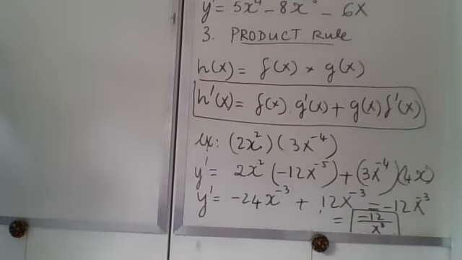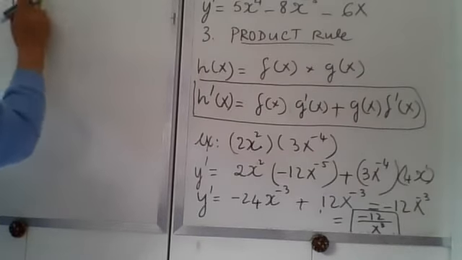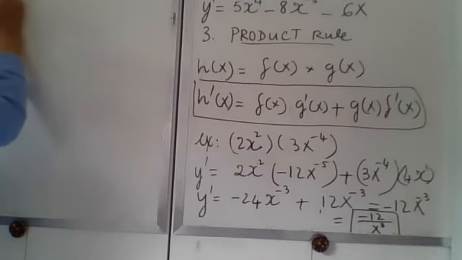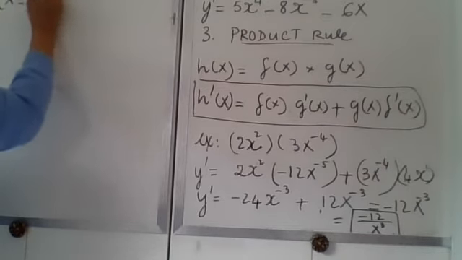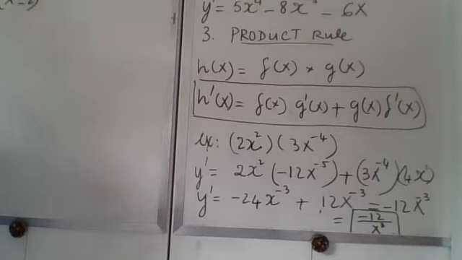Now let's find out how we apply it. Let's say you have a function y equals x to the power 3 divided by x minus 2, all of this to the power 2.